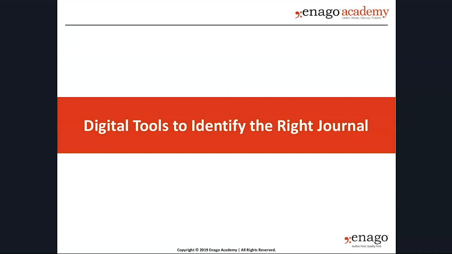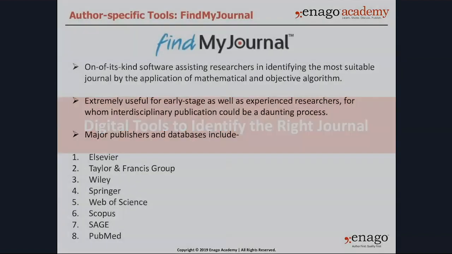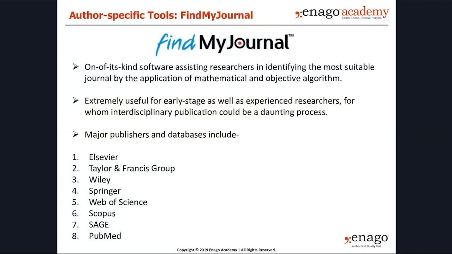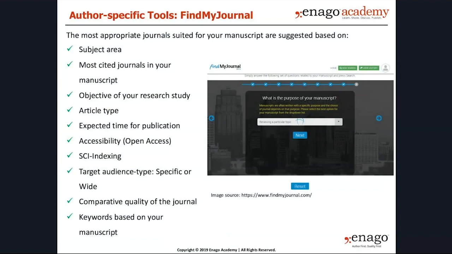Other resources to identify the right journal. Find My Journal is a website which uses algorithms to give you a list of suitable journals from all the major publishers: Elsevier, Taylor & Francis, Wiley, Springer, Web of Science indexed journals, Scopus indexed journals, Sage publisher. So it indexes a large number of journals.